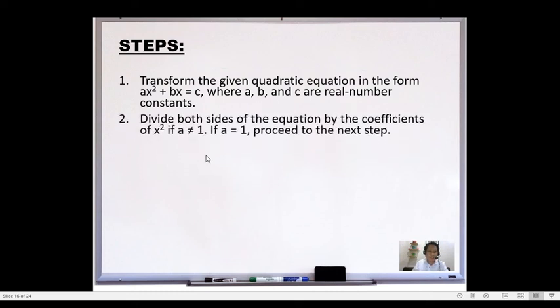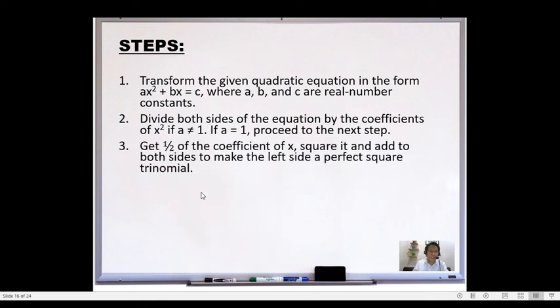Second, divide both sides of the equation by the coefficient of x squared if a is not equal to 1. But if a is equal to 1, you're going to proceed to the next step.